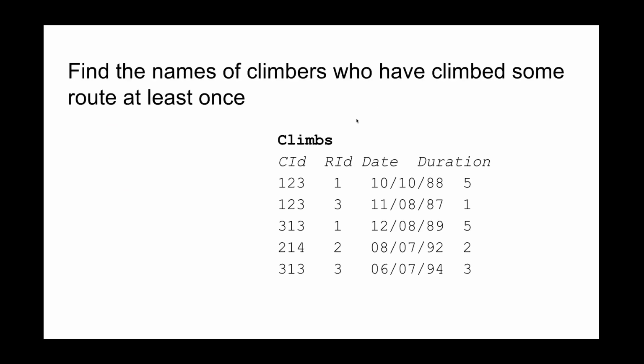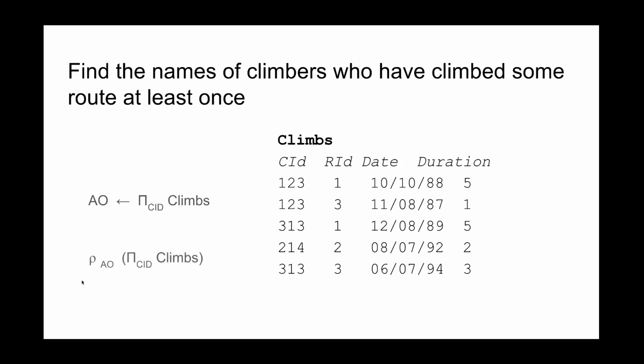Let's start with the first part. We need to find the names of climbers who have climbed some route at least once. Here we have the table, the relation climbs. And we need all the climber IDs that are in this table. To do this, this is what was in the slides, we need to create a relation called A0, and we are going to make a projection in the table climbs with the climber ID.